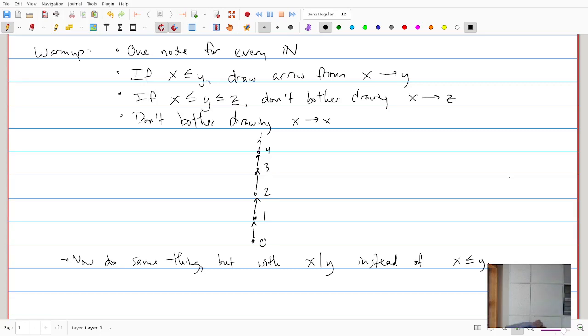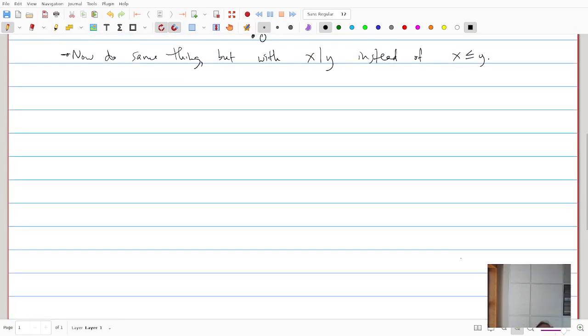Okay, so what does this look like? This looks much more interesting. So I'm going to make some space here. I'm going to put 1 here at the bottom. And I'm going to put 2 here.